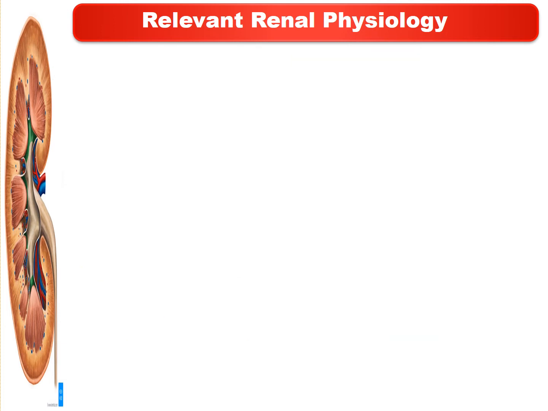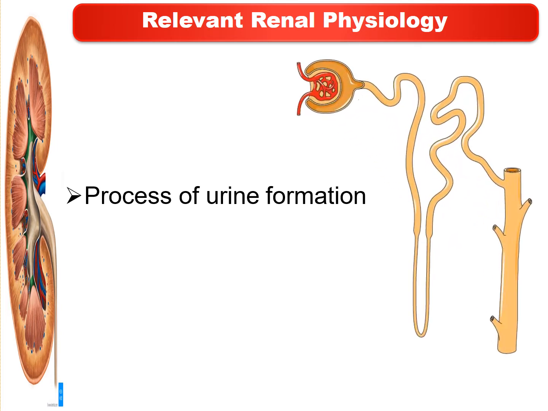Then the nephron shows the process of urine formation in three steps. The process of urine formation by the nephron takes place by three processes: first is the ultrafiltration, also called glomerular filtration.